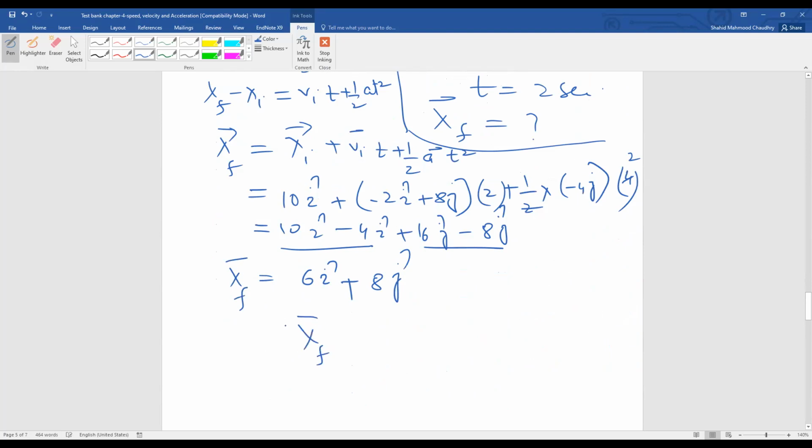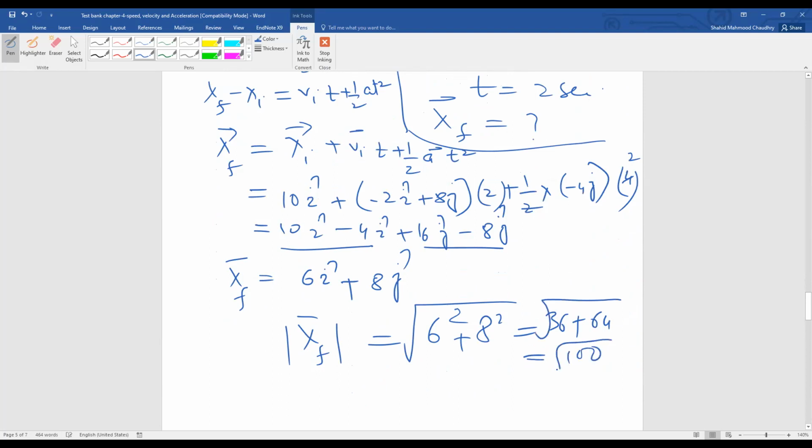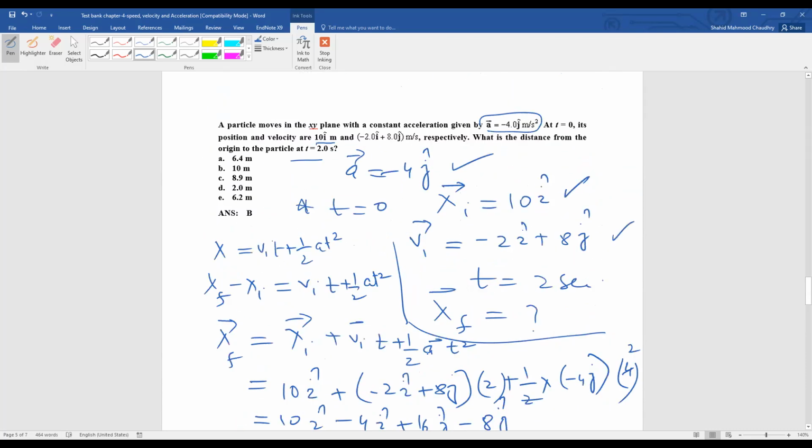So you need the xf magnitude: 6 square plus 8 square, under root. This is 36 plus 64 under root, which is 100 under root, and this is equal to 10. So our answer is 10. This is the B answer.